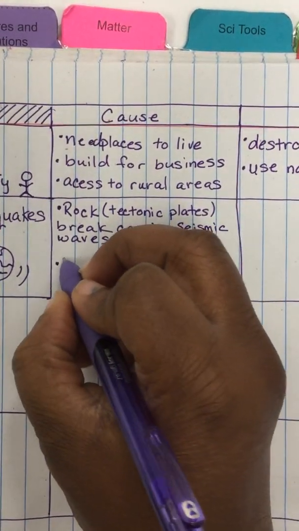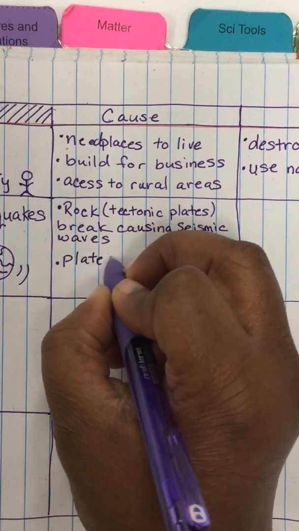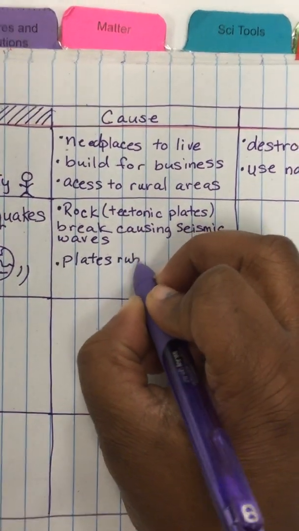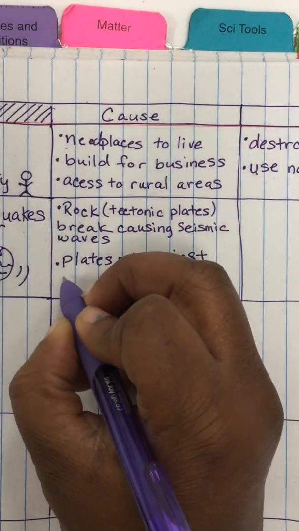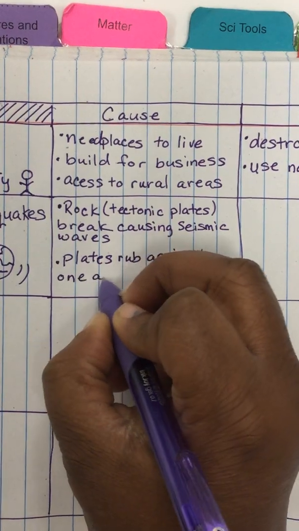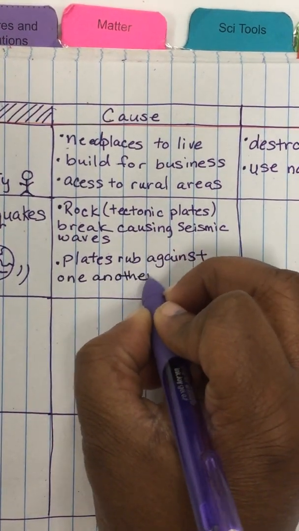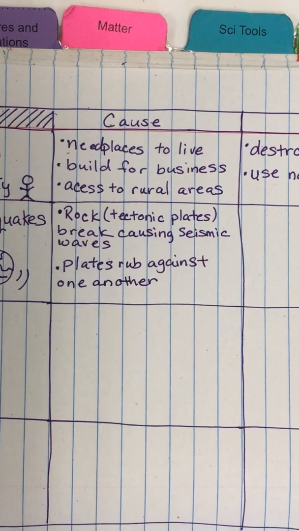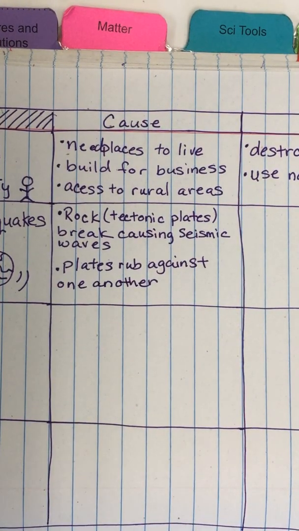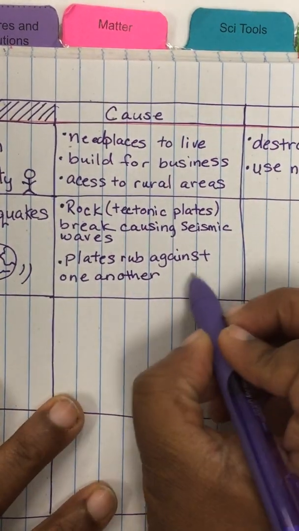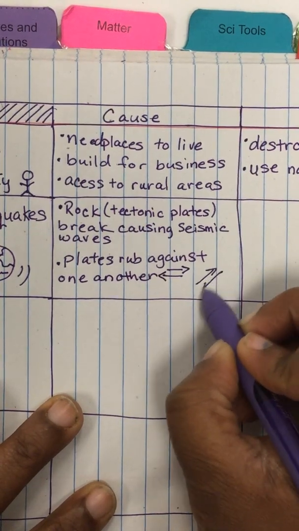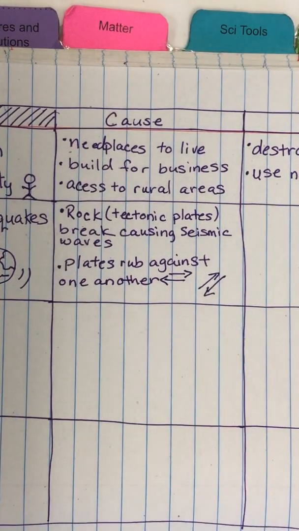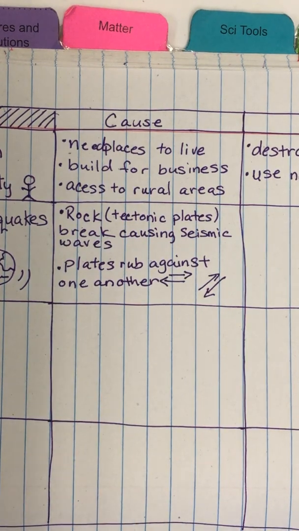So I'm just going to sort of abbreviate and write plates, but I'm talking about the tectonic plates rub against one another. There are two different ways that those tectonic plates can rub up against each other. One is if they move side to side, and another is if they're moving against each other diagonally. Either one's going to cause seismic waves and cause the earth to shake.